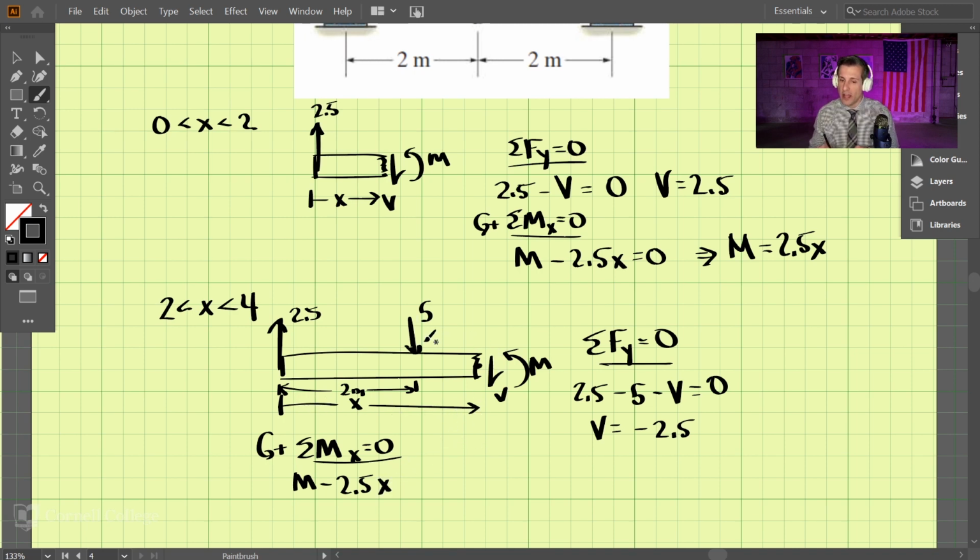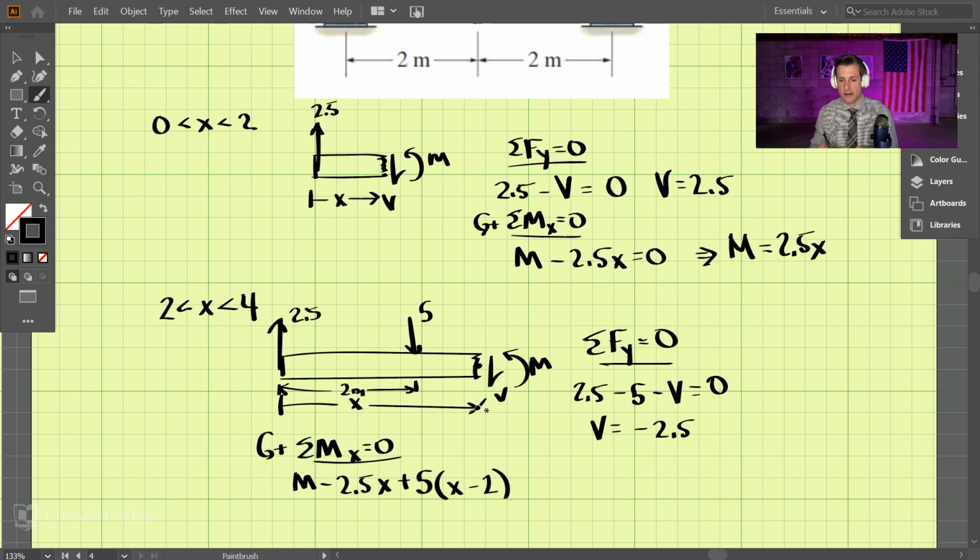All right, and now we have to take into account this 5 here. That's going to create a counterclockwise moment, so that will be positive. And what is the distance that 5 is acting away? Well, if the entire distance is x, and this is 2 meters, that is x minus 2.